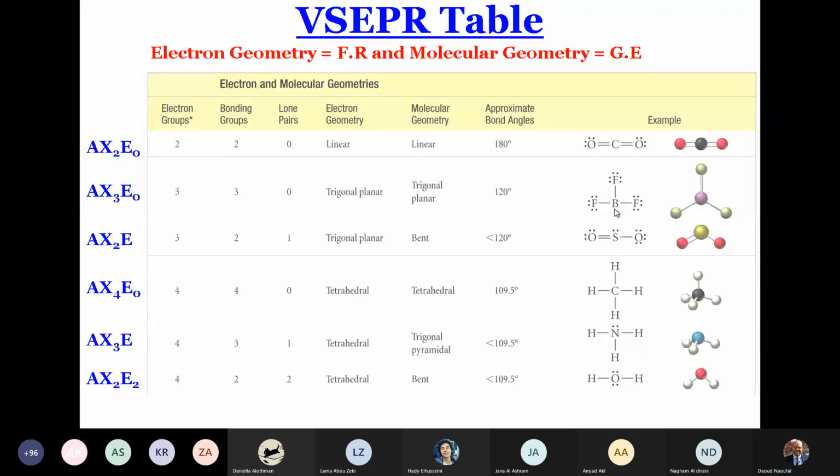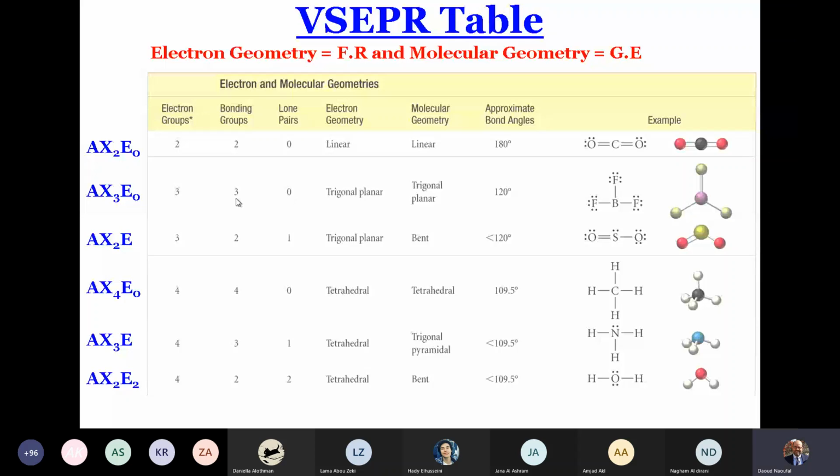Consider BF3. First you have to draw Lewis. We draw Lewis, we find the form AX3E0. So we have 3 outer atoms. EP equal 3, NBP equal 0.